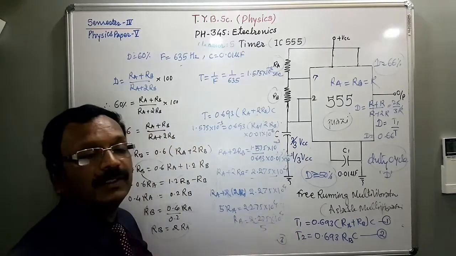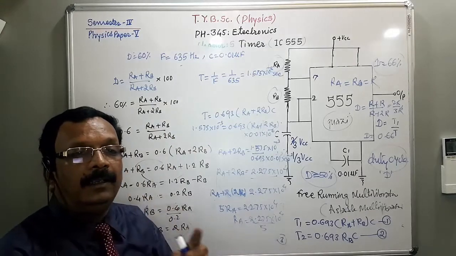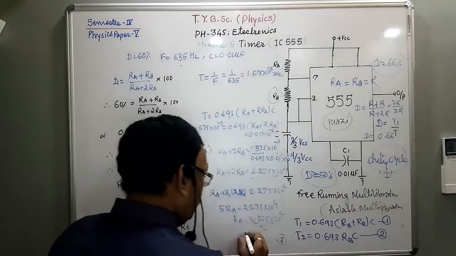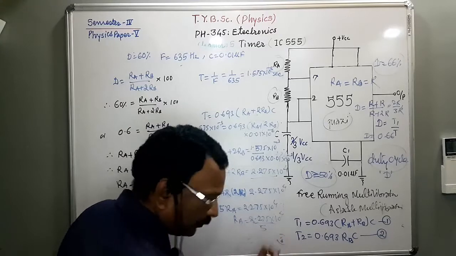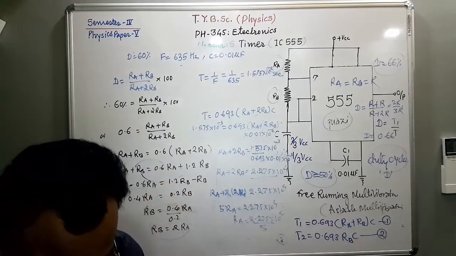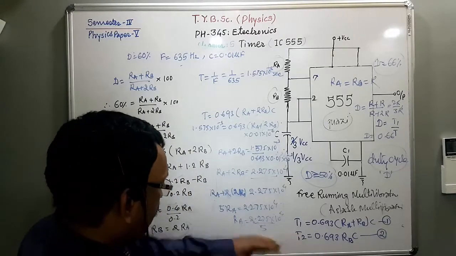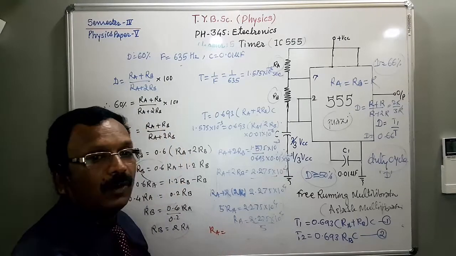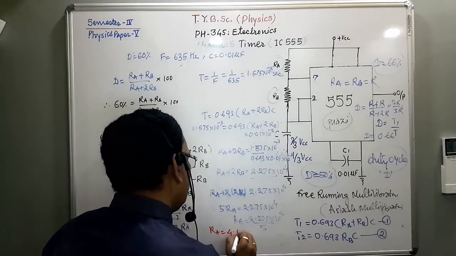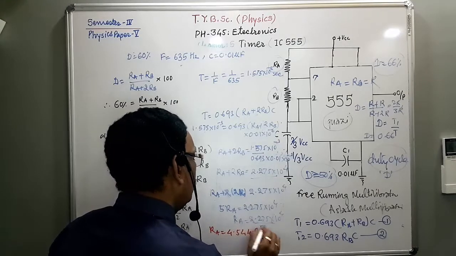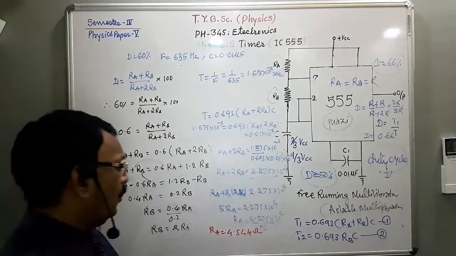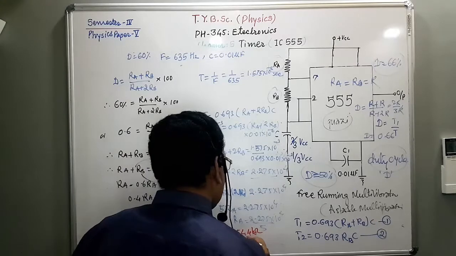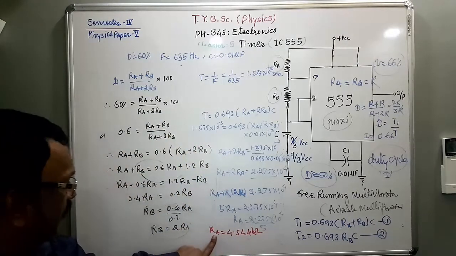Take this 5 toward this side, and when you solve this equation, you will get the value of RA as 4.544 kilo ohm. Substitute this value.